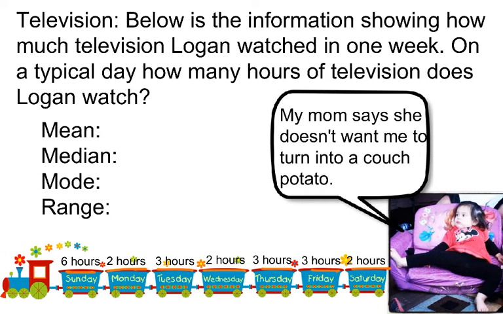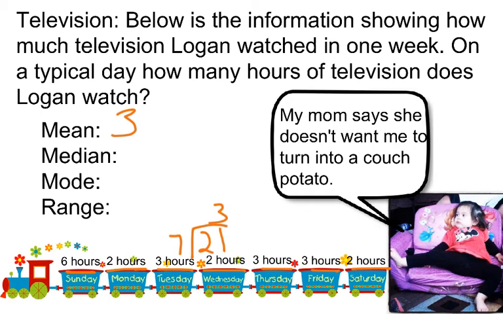So if I look at the average, I would add 6 plus 2 plus 3 plus 2 plus 3 plus 3 plus 2, which when we add all these numbers up, we get 21. And then, of course, we would divide it by 7 and get 3 hours. So we have 3 hours is our mean.